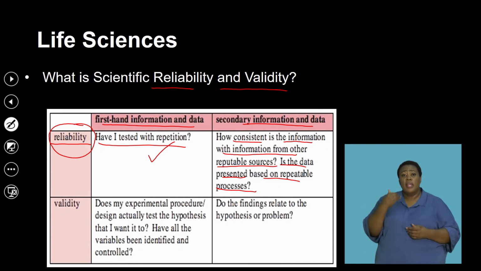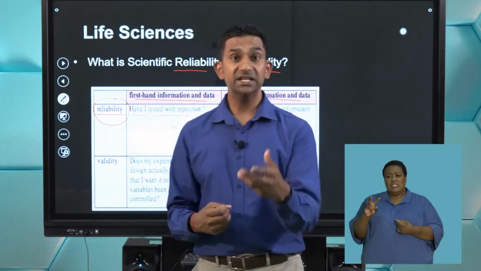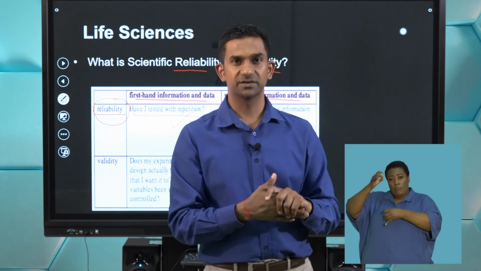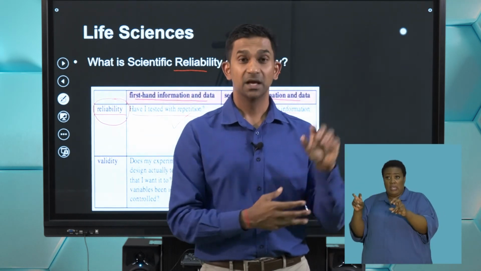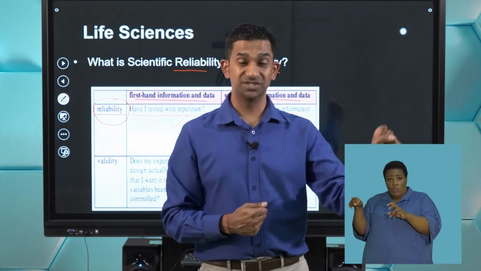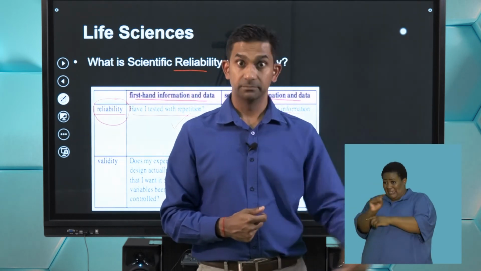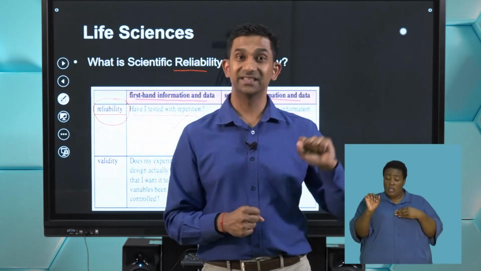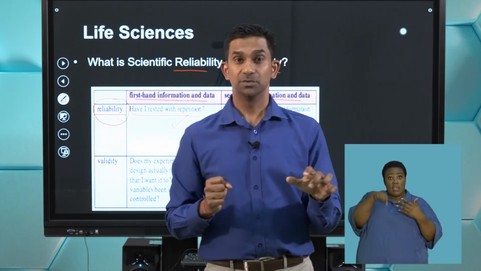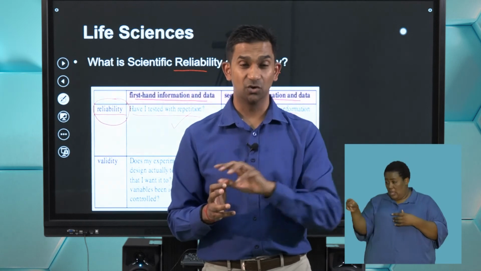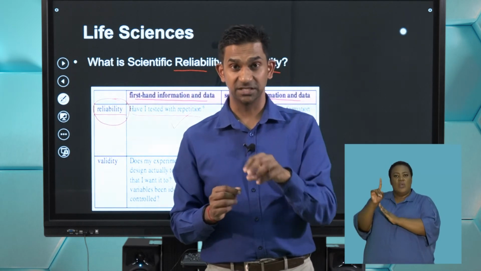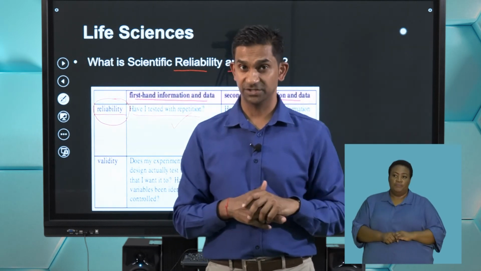So essentially, if you went into the internet and Googled information around a similar topic, are those experiments producing the same reliable results that you have got? If they do, we say that information is reliable, because we're looking at the reliability of yours and linking that to that, and hence it increases the reliability when we talk of secondary information.